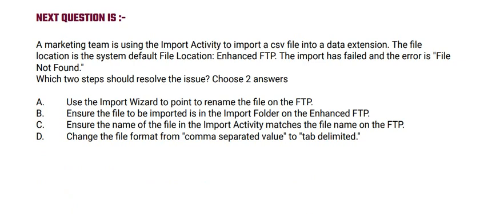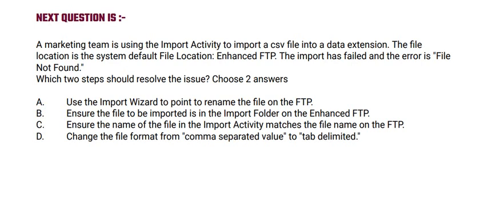Choose two options. And the options are: Option A, use the import wizard to point to rename the file on the FTP. Option B, ensure the file to be imported is in import folder on the enhanced FTP.